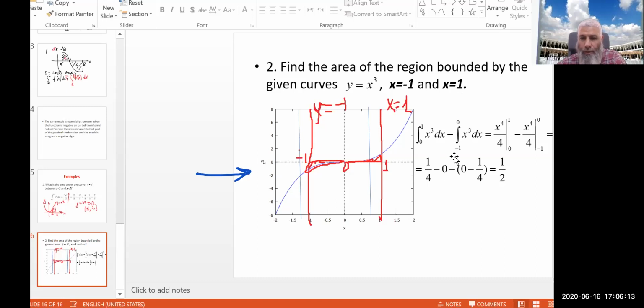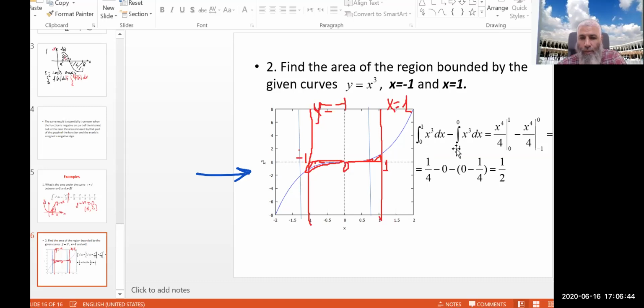So this integration, he made it from -1 to 0, and from 0 to 1 minus from -1 to 0. I don't know why he didn't complete.